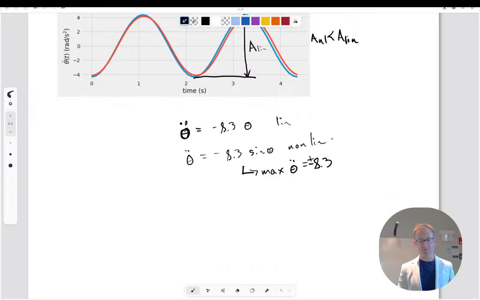Yeah, energy is a good one to look at. What is max? It's no limit, right? The bigger the angle, the more acceleration we have.